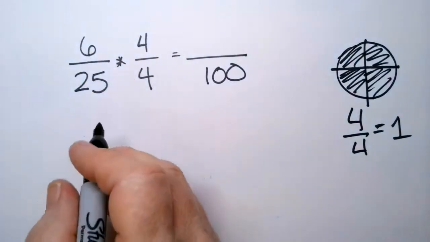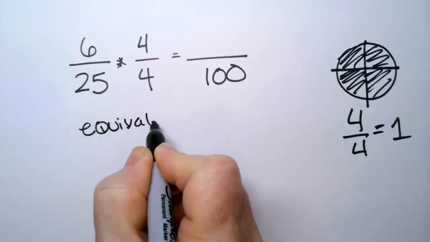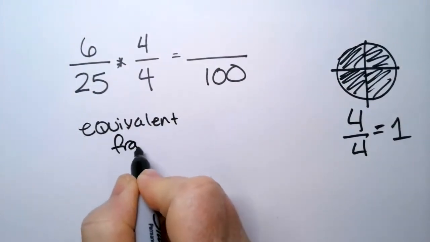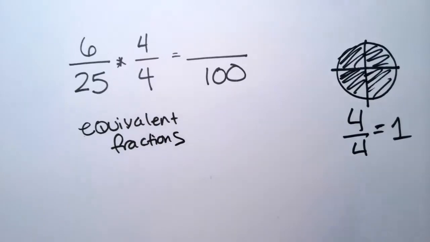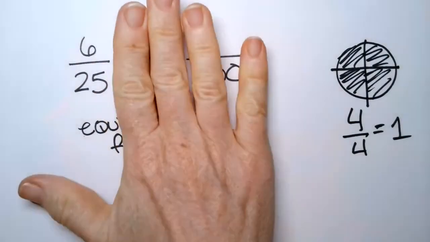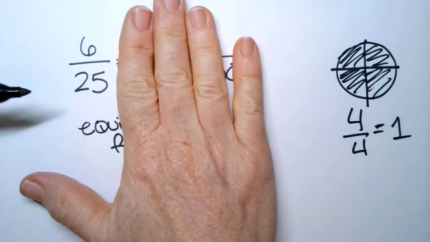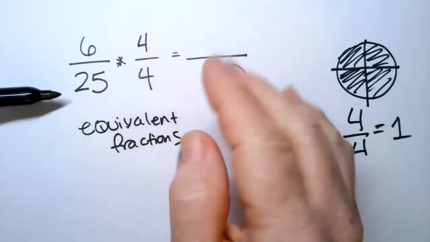So what we're doing here is called equivalent fractions, and you learned this quite a while ago. Equivalent fractions just means we scale a fraction up. So if I have a fraction 6/25, and I say what's the percent of that, you're like, I have no idea. Sometimes you can scale up the bottom to be 100.